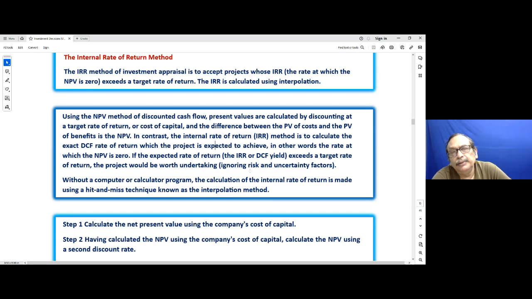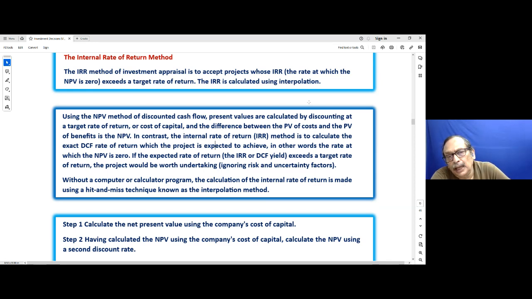The IRR method of investment appraisal is to accept projects whose IRR, the rate at which the NPV is zero, exceeds a target rate of return, because the internal rate of return lies between one positive and one negative NPV, that is, where NPV is zero. And we are going to use the interpolation formula for the calculation of internal rate of return.